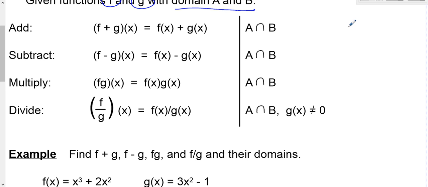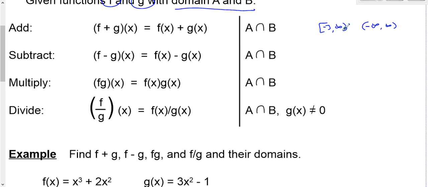And so let's say, for example, we have two domains saying -3 to infinity. And we also have -infinity to infinity.